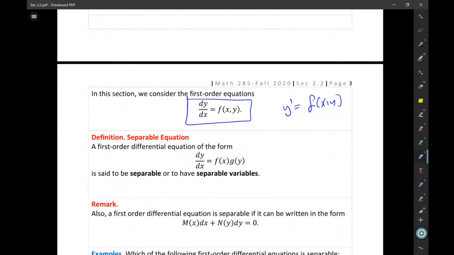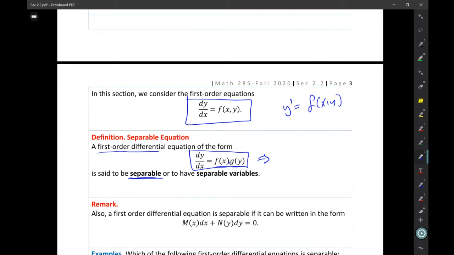Mainly a first order differential equation, I mean just only the first derivative, which is written in the form dy by dx is equal to a function of x multiplied by another function of y. This is called separable differential equation. Now, why is this differential equation called separable? Remember, f of x times g of y. It is called separable because you can separate it.